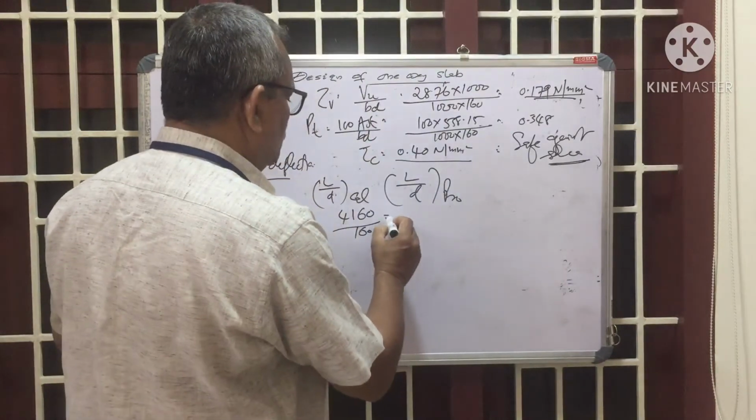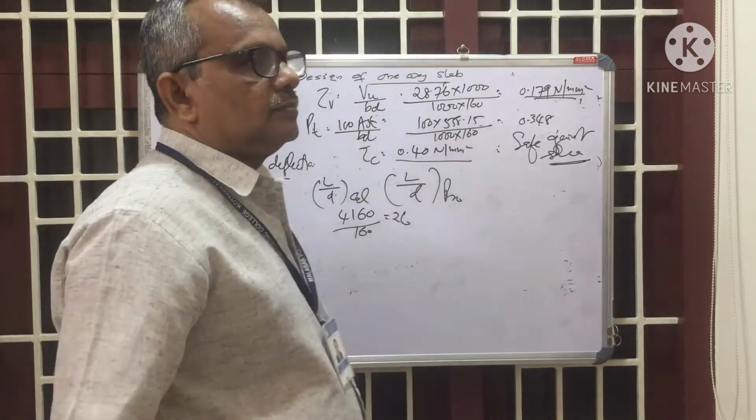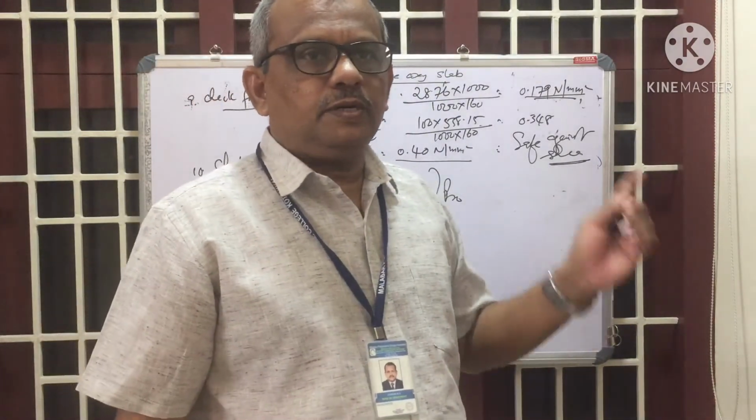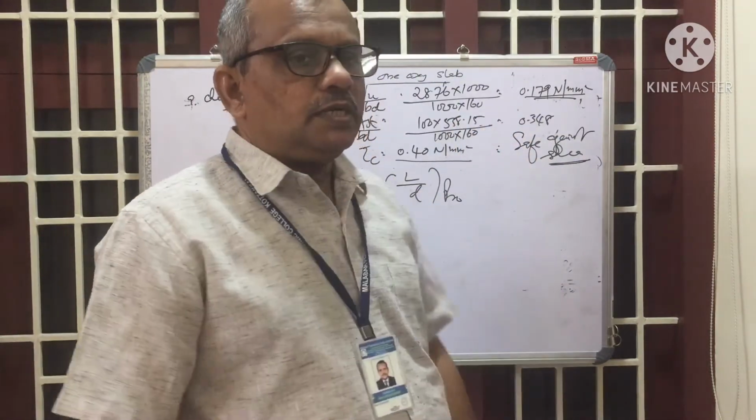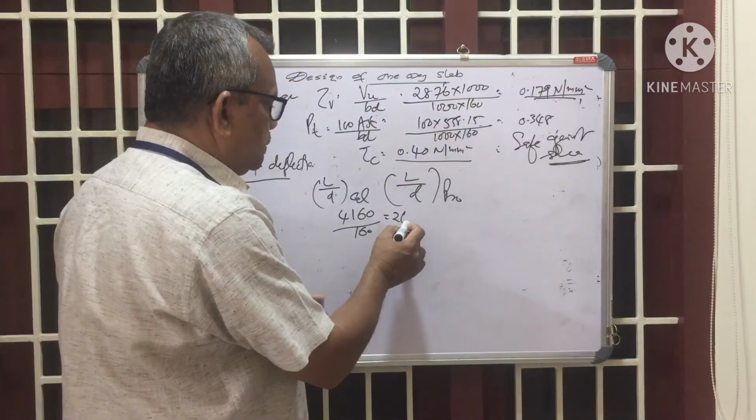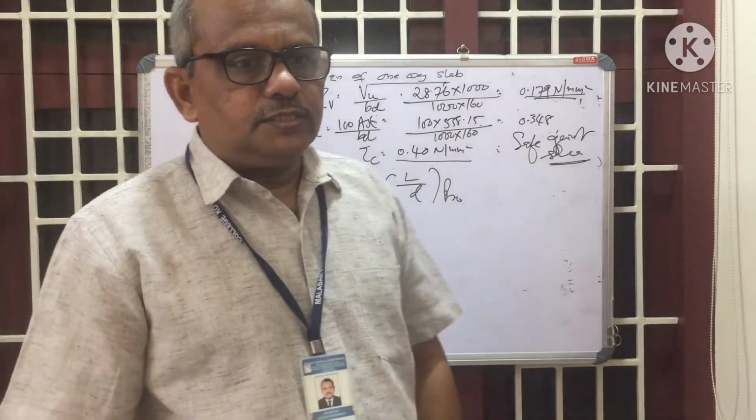L by D ratio is equal to 26. As per the effective span and the effective depth, the L by D ratio is 26.